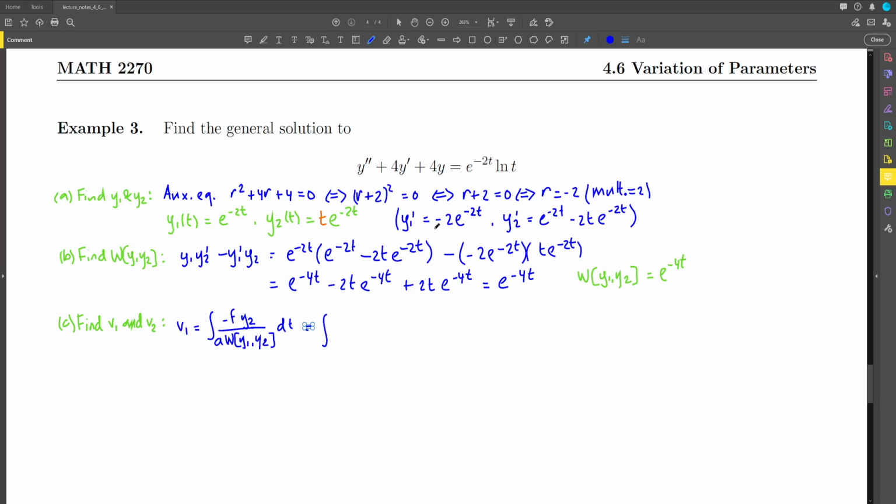That's the negative of this function, so that's -e^(-2t) ln t times y2.